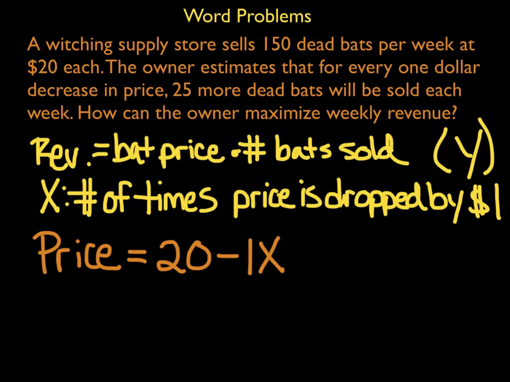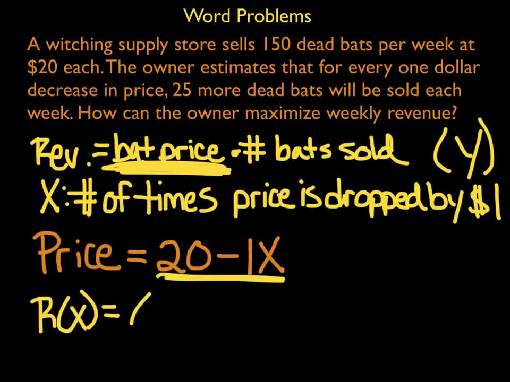All right, so now our function, we'll say r of x, the revenue, is equal to, how do you find the revenue? The bat price, which is 20 minus 1x, or 20 minus x, times the number of bats sold.